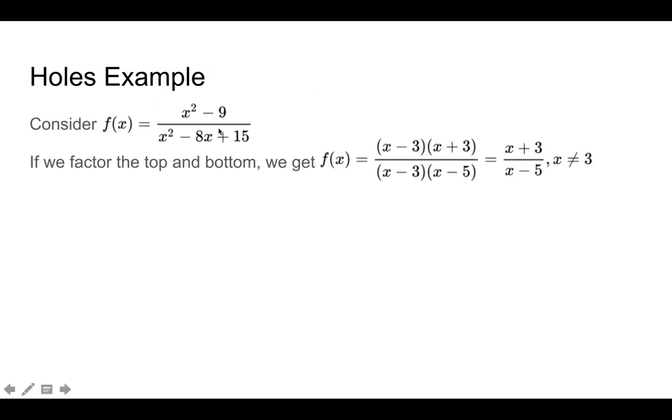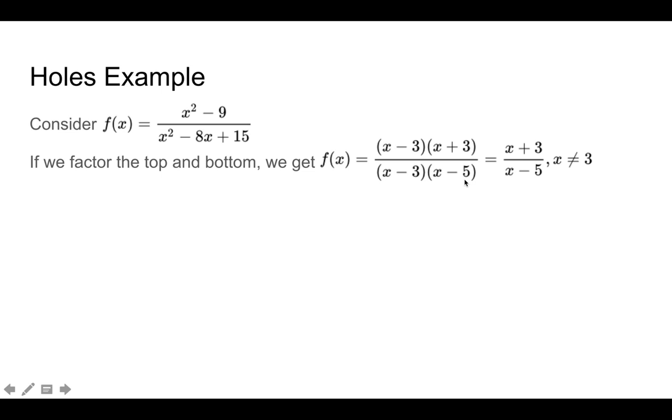So this guy here, we could factor top is a difference of squares, x minus 3, x plus 3. The bottom's x minus 3, x minus 5. Hey, look, I've got a common factor I could cancel out. X minus 3.